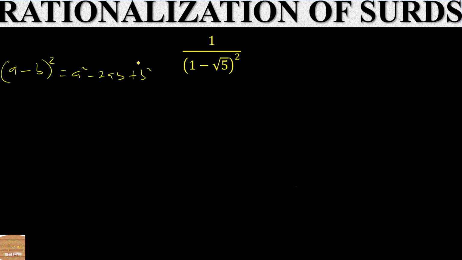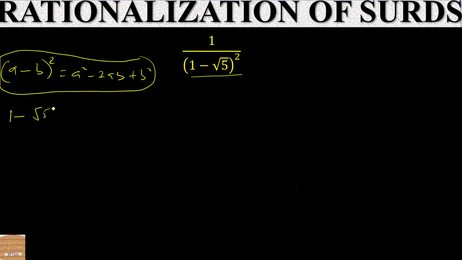All right, so let's square this one first. So 1 minus root 5 squared is same as this one multiplying itself. Okay, so 1 times 1 is 1. 1 times this is minus root 5.